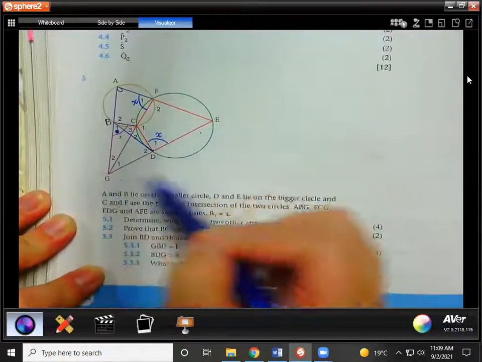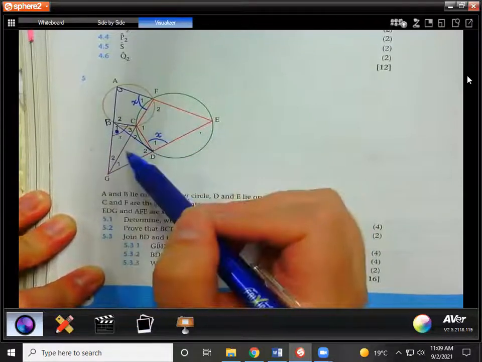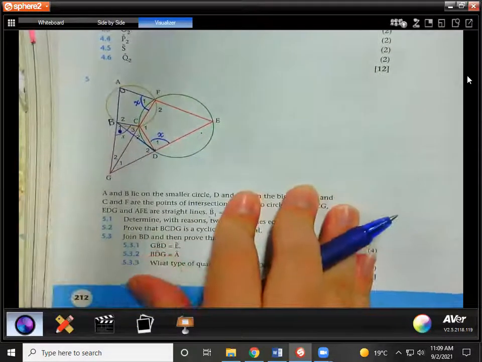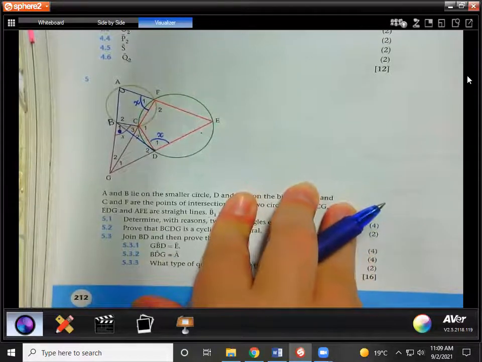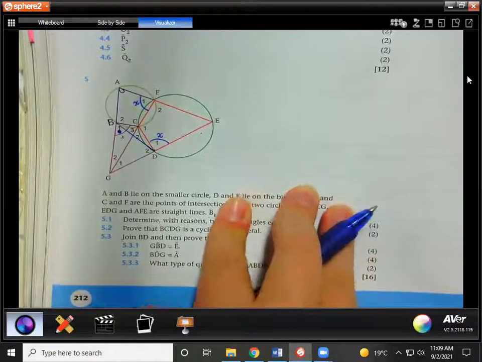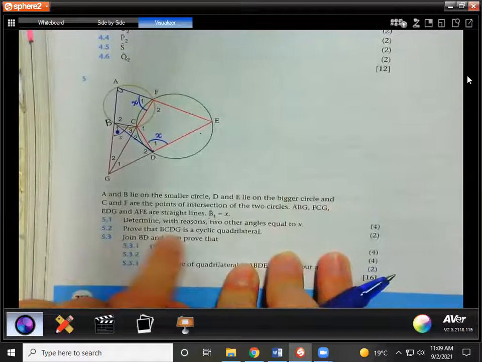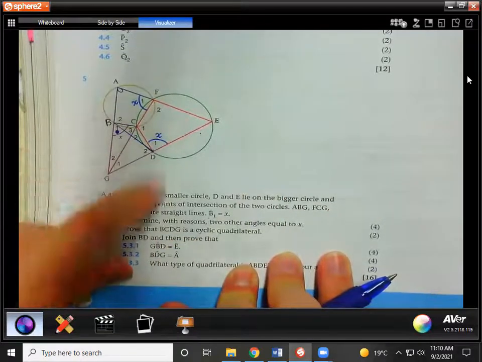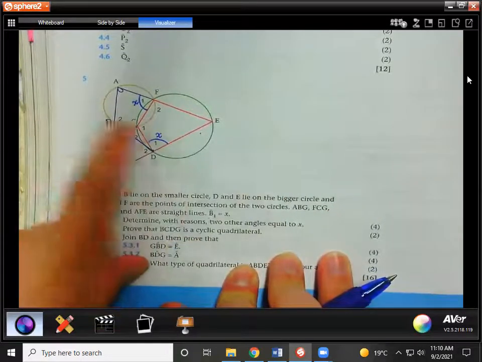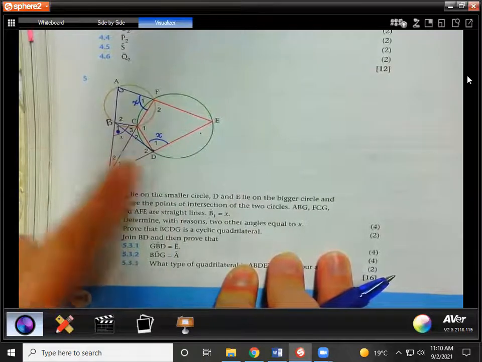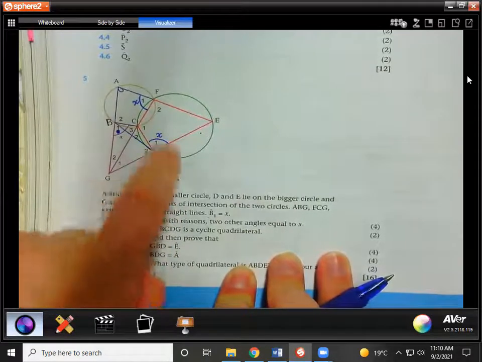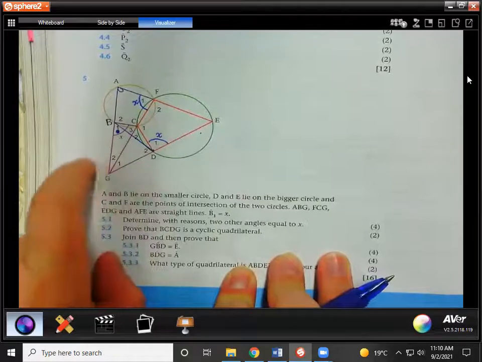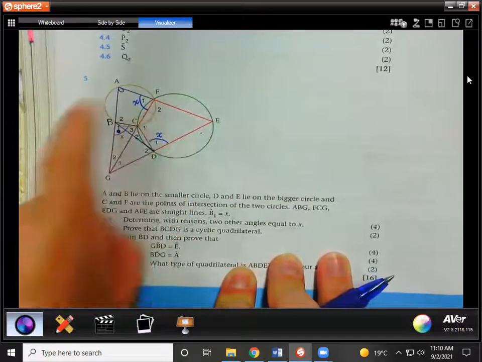Now, guys, this is a difficult one because now you need to use angles in same segment, even though there isn't actually a circle drawn there, which is a bit strange. But remember in the previous question, we've just proven that this shape here at the bottom is a cyclic quad. We have done one example like this before, but it was a while ago. So we could draw a circle going through those points.